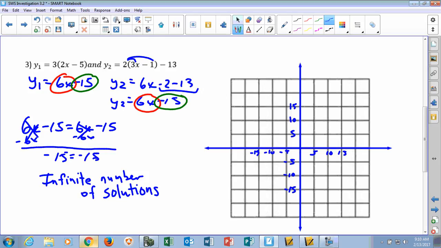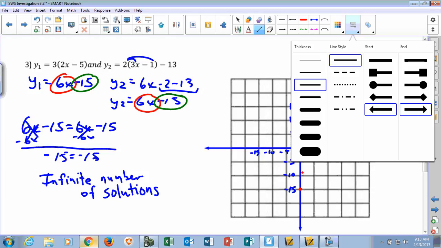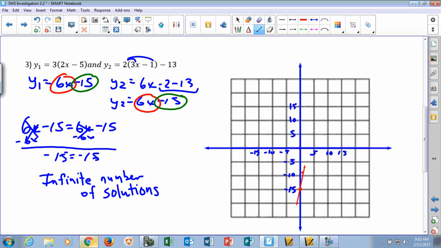Okay. So if I'm down here at 0, negative 15, okay, and I go up 6 and over 1, so my 1 line is going to be like here. So if I make my red line, we'll make this a little skinnier here.